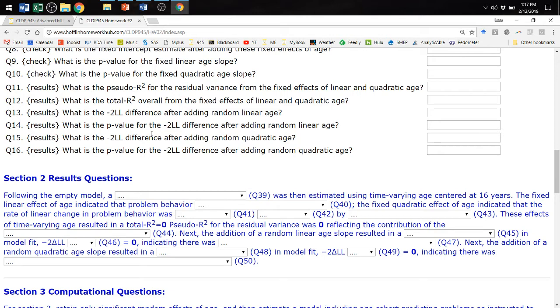We've added the random quadratic, right? And 2 covariances with the intercept and the linear slope that was already there, so it should be 3. SAS may report it as 2 if the random quadratic variance goes to 0. It doesn't count it, but it should count because it's tested.